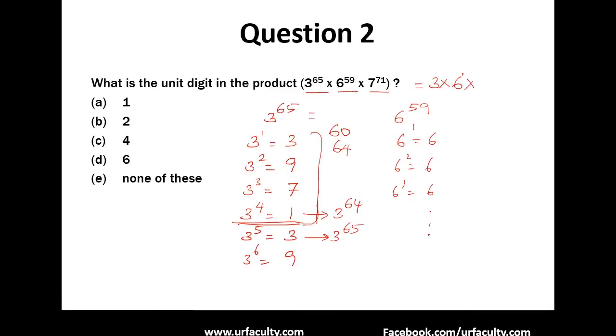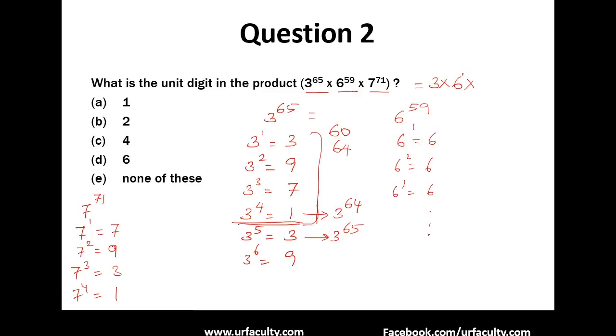Again, we know from our previous question that 7 follows the cyclicity of 4. So 7 to the power of 71. Let's anyway write this. 7 to the power of 1 is equal to 7. 7 to the power of 2 is equal to 9. 7 to the power of 3 is equal to 3. 7 to the power of 4 is equal to 1.